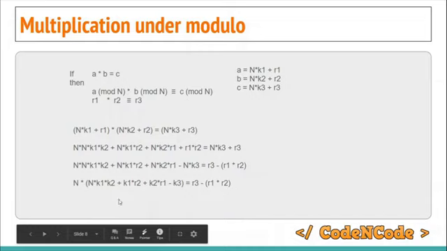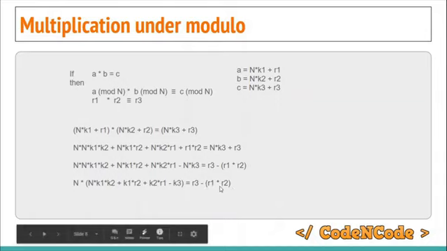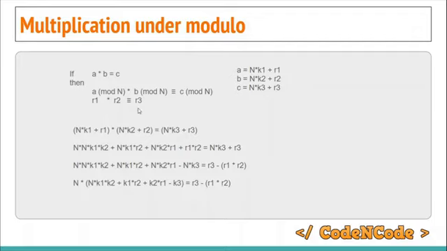And since the left hand side is an integer, the right hand side must be completely divisible, or r3 minus r1 r2 must be completely divisible by n, which proves that r1 r2 is congruent to r3, and hence we have proven this fact.